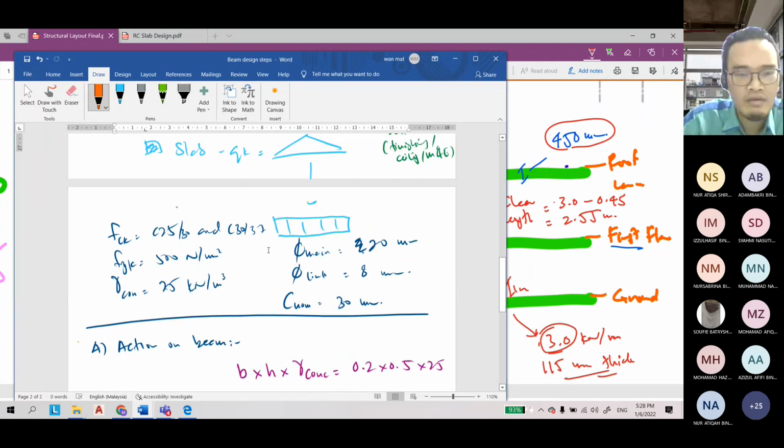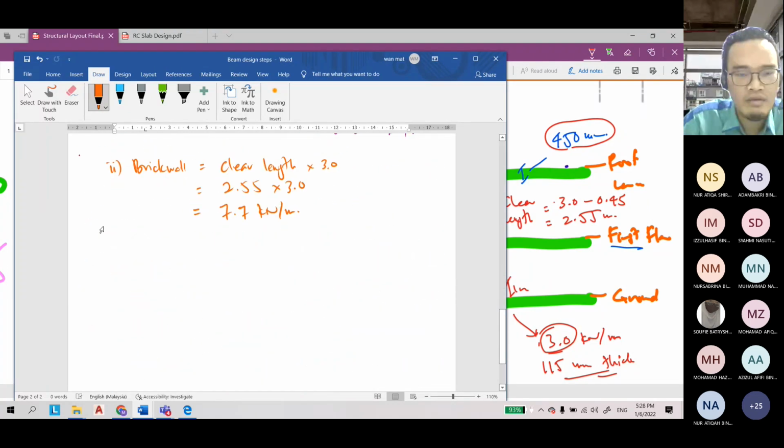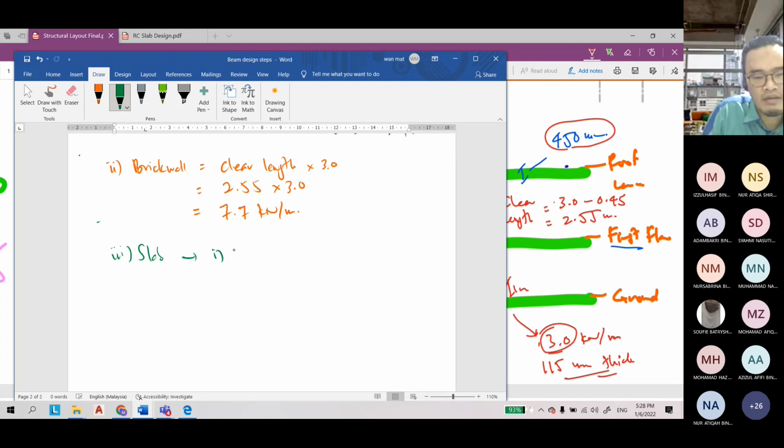Slab. Yes, GK of the slab. First, its self weight is equal to, let's say, the thickness 0.175 times 25. This is the thickness of the slab, hf, and this is the concrete density.